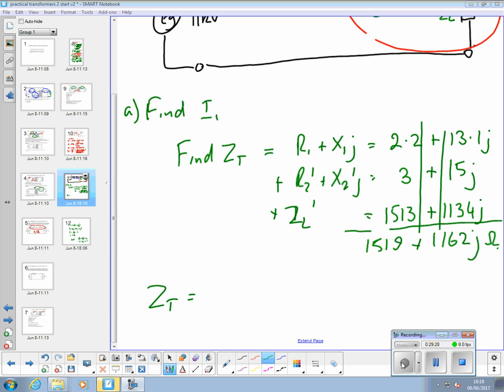ZT is equal to, in rectangular form, 1519 plus 1162J.